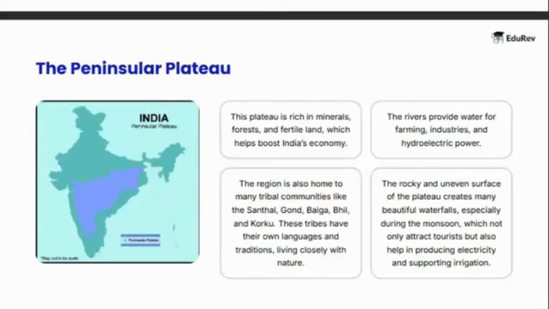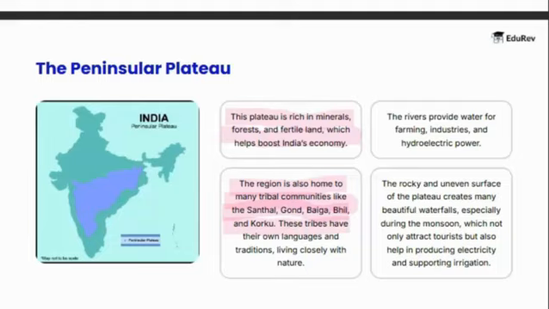These plateaus are rich in minerals, forests and fertile land, which helps to boost India's economy. The region is also home to many tribal communities like Santhal, Gond, Baiga, Bhil and Korku.